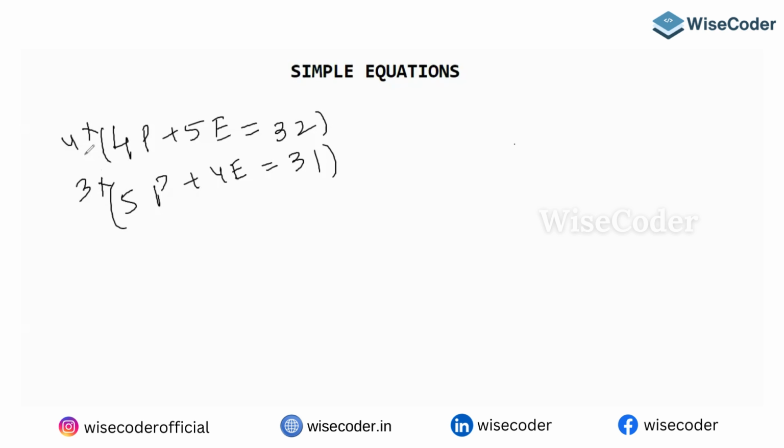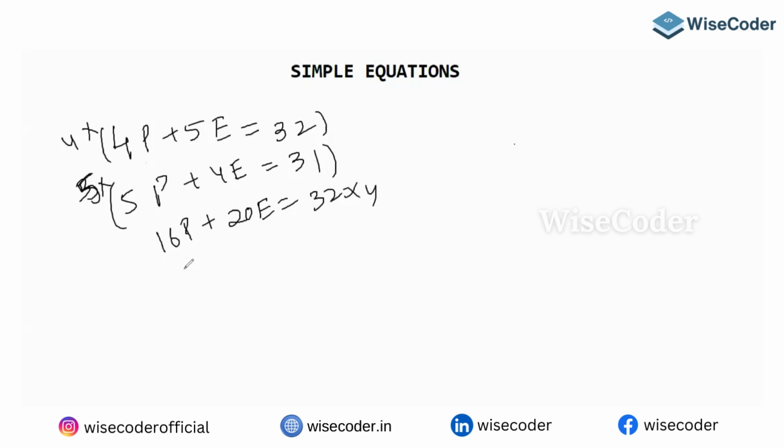So 4 4s are 16p plus 5 4s are 20e, equals 32 into 4.